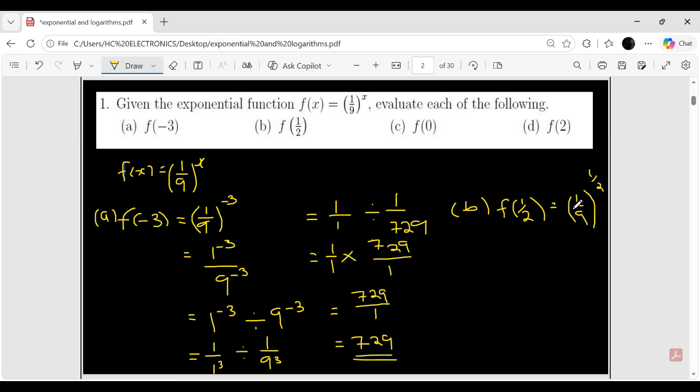So we're just going to distribute this power to 1 and 9, and since this is the root, f of half is equal to, this is just the same as saying the square root of 1 on top, because we're just going to distribute it.